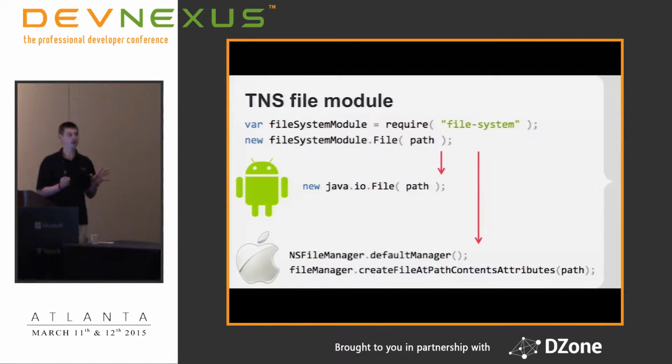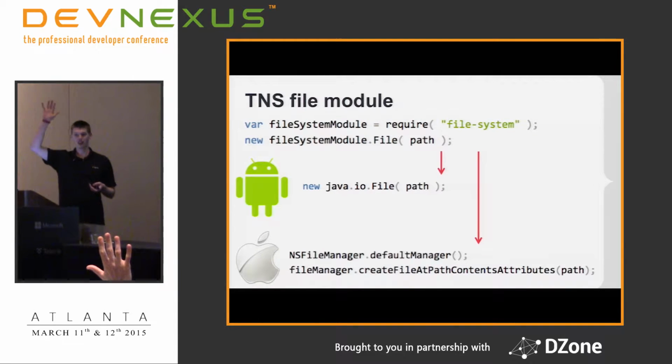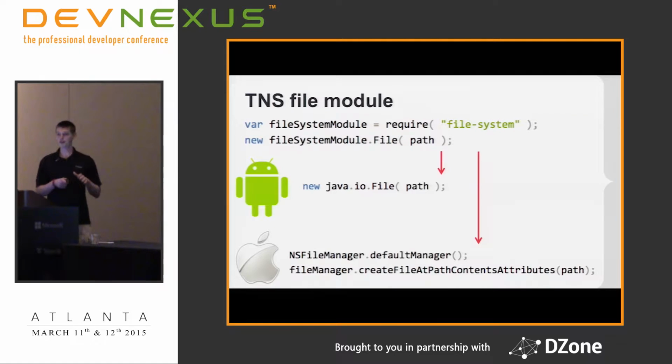And there are a few cool things about this to me. The first is that if you notice that require method there, how many people here have done some Node work, even if it's just using like Grunt or Gulp? Okay, a couple people in the room. So if you've done Node work before, that require method is going to look fairly familiar. And NativeScript actually follows the CommonJS spec, which is the same spec that Node uses to define modules.